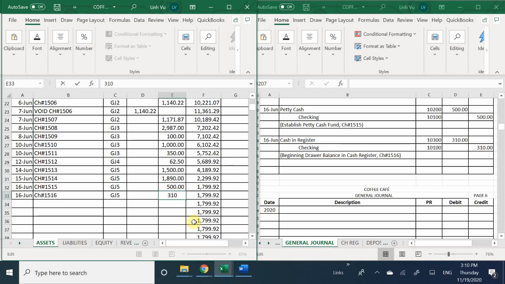It is going to be listed under our credit column, $310, bringing our account balance to $1,489.92. All right. Good.